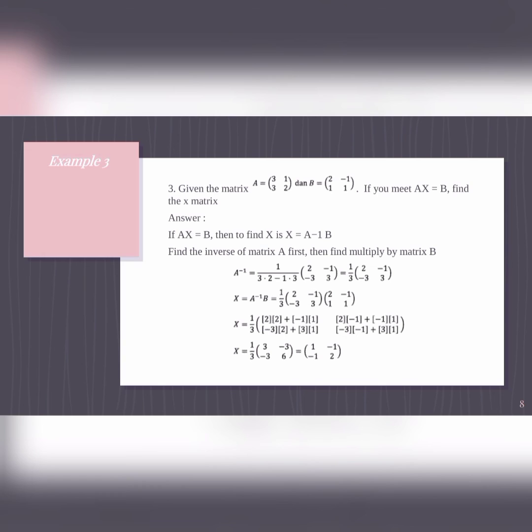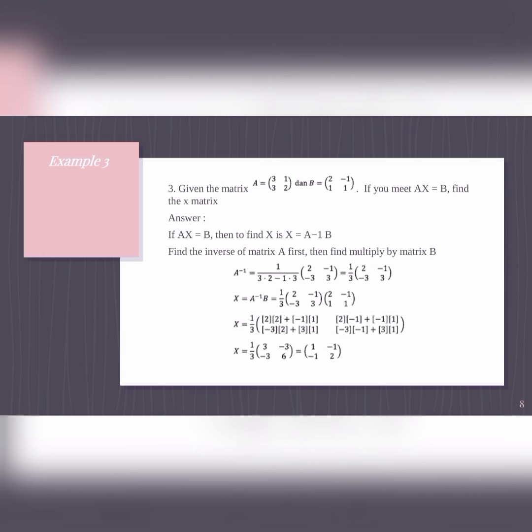1 over 3 times 2 times 2 plus minus 1 times 1, minus 3 times 2 plus 3 times 1, 2 times minus 1 plus minus 1 times 1, minus 3 times minus 1 plus 3 times 1.